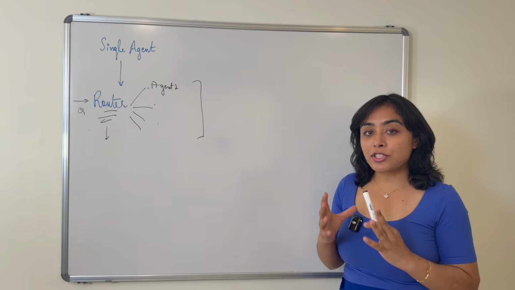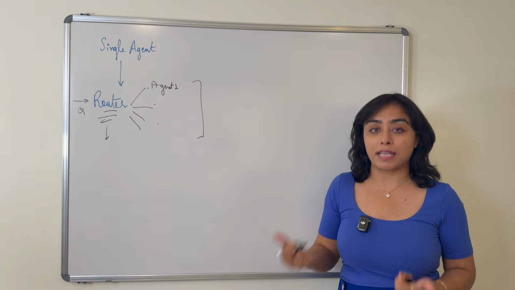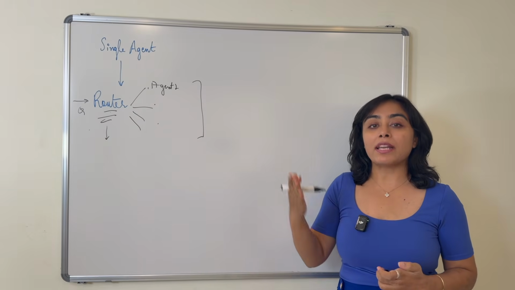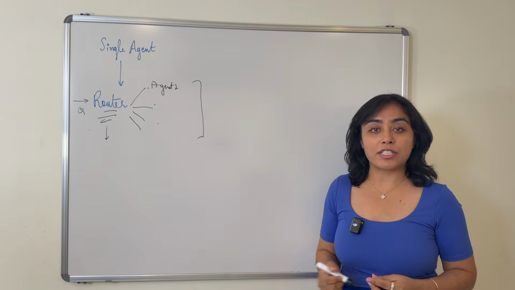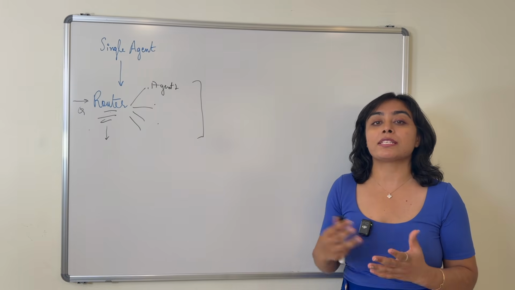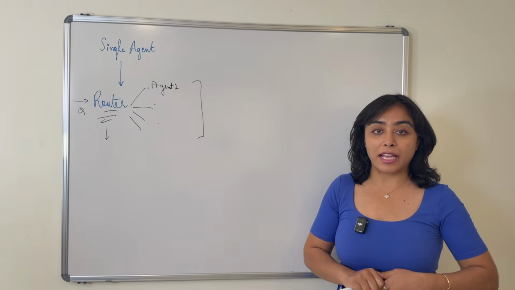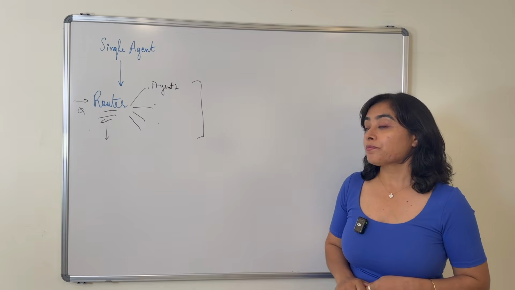So the problem that we just described actually needs more than one step and more than one agent in different steps. One of the steps might need just a summarizer agent. One of the steps might need just a lookup agent or refund agent and so on, a billing agent.